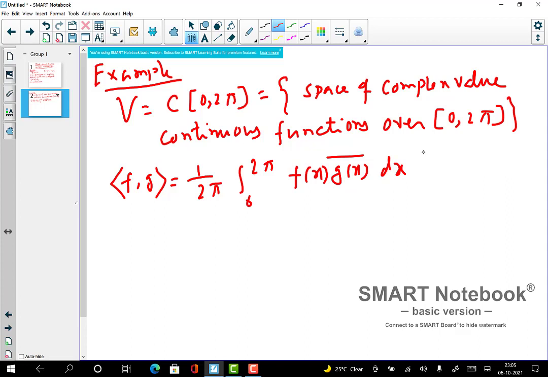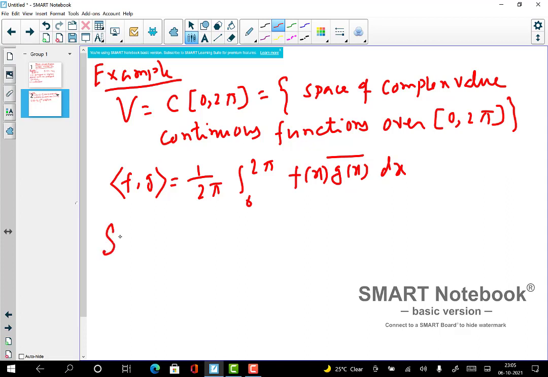So with respect to this, V becomes an inner product space, and one can ask whether we have some kind of orthogonal or orthonormal subset or not. For that, let us try to find such an example.